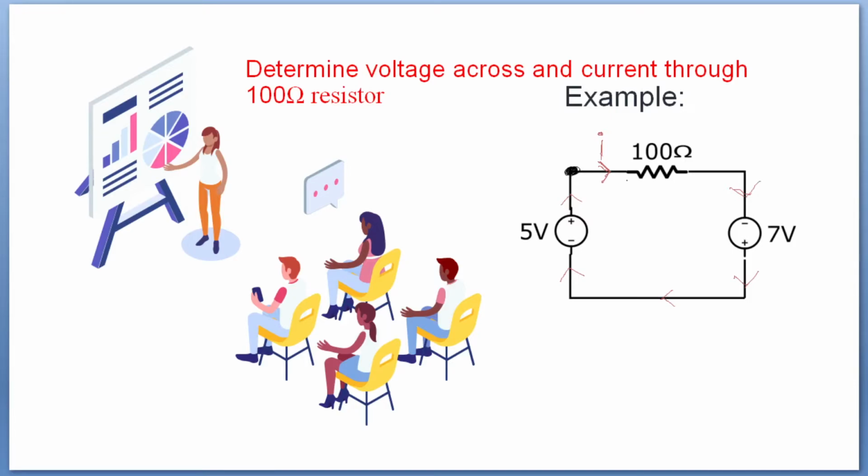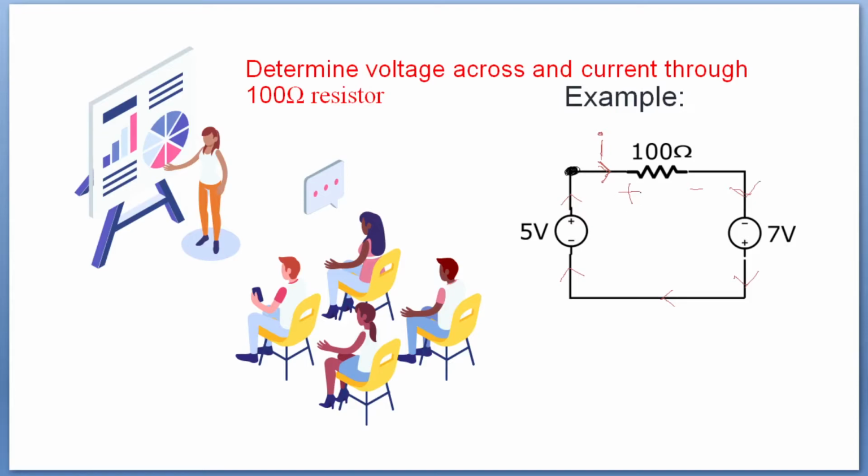In the direction of current, consider the 100 ohm resistor. In the direction of current, put positive sign and negative sign across the 100 ohm resistor. Here putting positive and negative sign means the current flows from high potential to low potential.